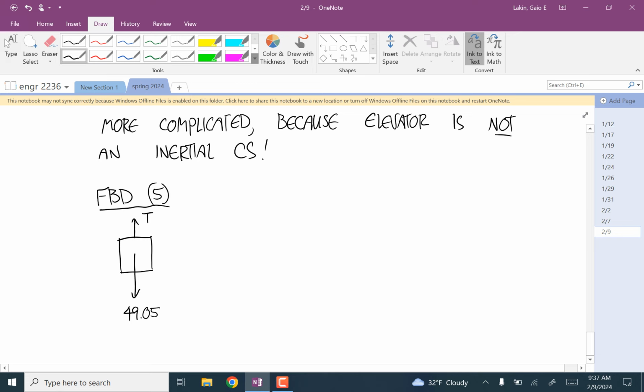But now we have to take into account that the acceleration of the 5 kilogram relative to the ground is equal to the acceleration of the 5 kilogram relative to the elevator plus the acceleration of the elevator relative to the ground. This one is up at 3 meters per second squared.